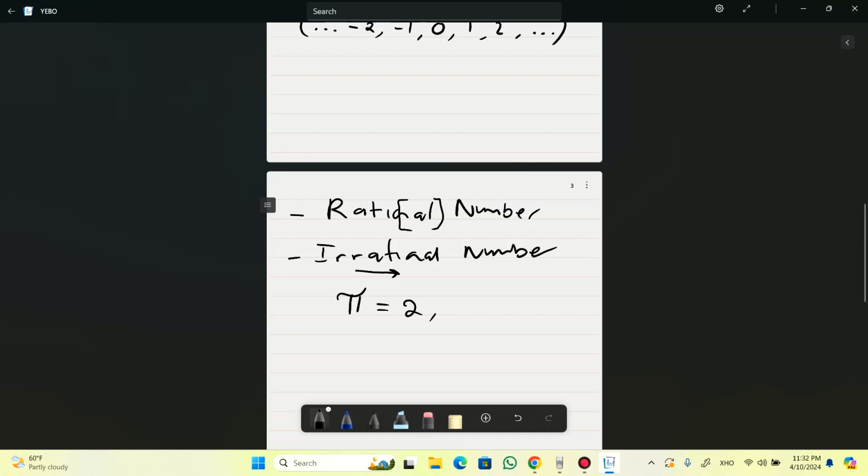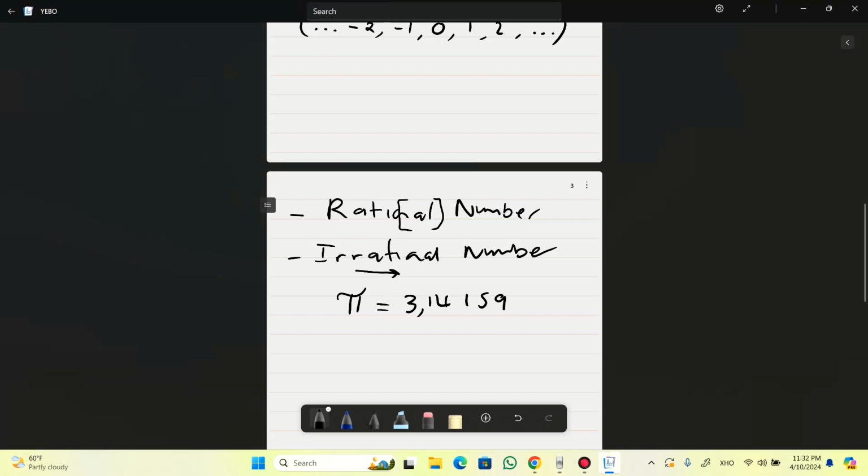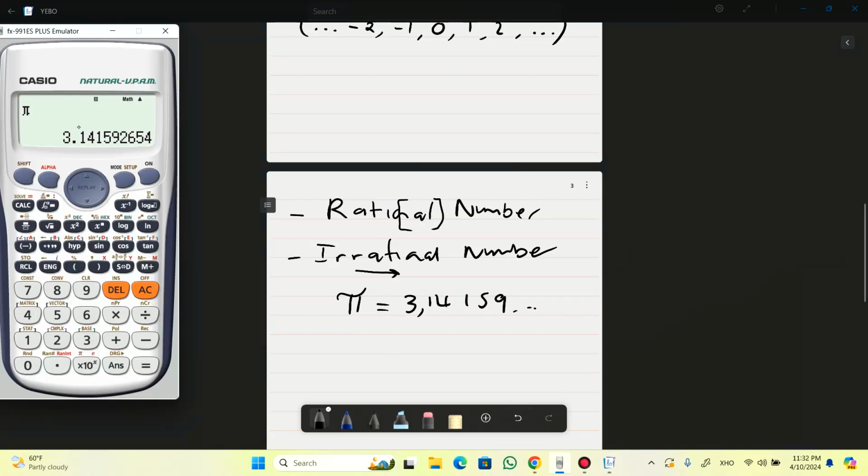Okay, so if you think about it, pi is 3.1415 something, right? But if you notice here, this is 3.141592654.